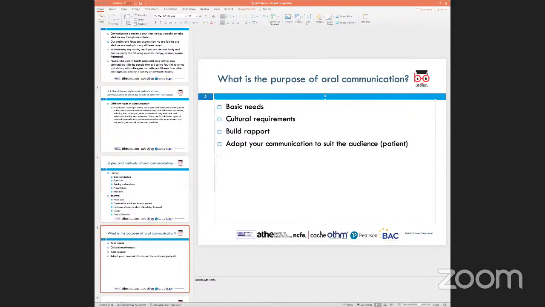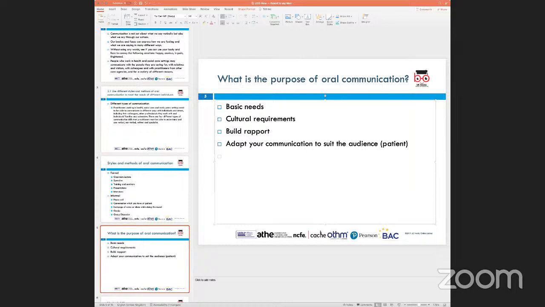Those responses would then allow you, by building a rapport, to gain that confidence from the patient, and this allows you to provide that information across to the patient.